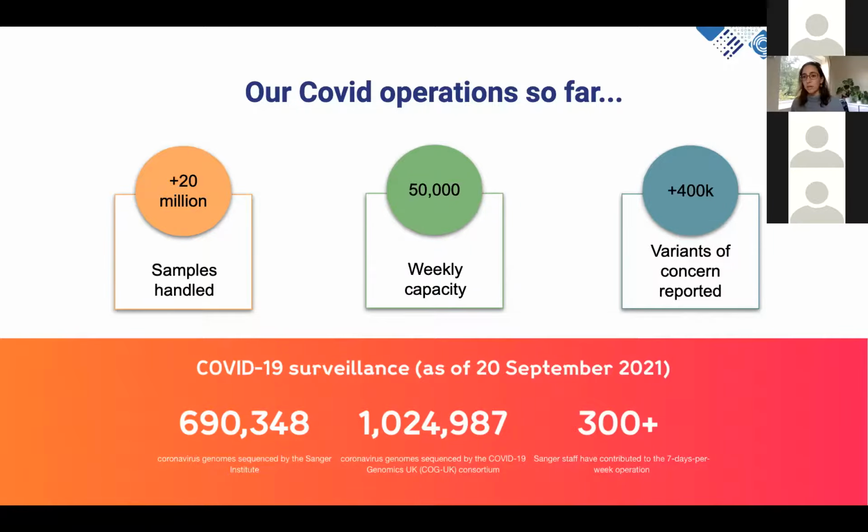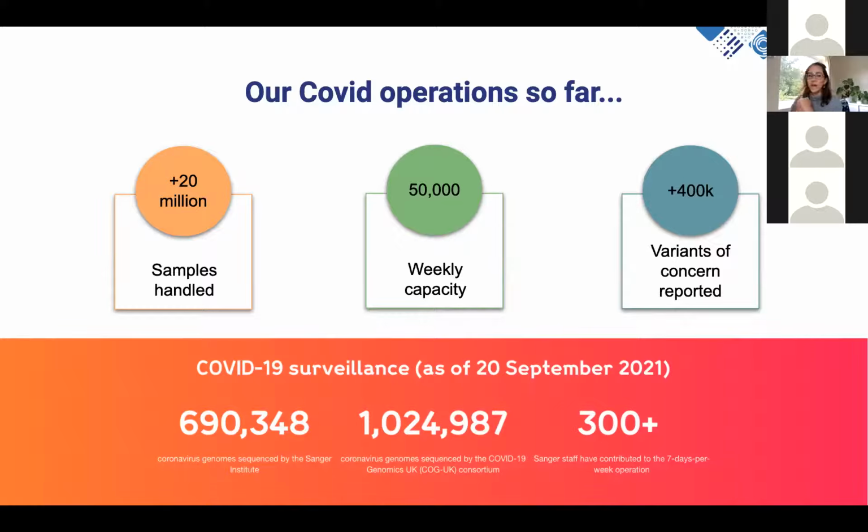Our current weekly capacity is to do whole genome sequencing of 50,000 samples. So this means that we can receive far more than 50,000 samples, but we can only process and produce usable data for the government for 50,000 samples a week.